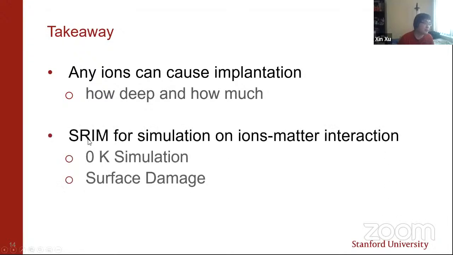And this simulation is good for a first-order simulation of ion-matter interaction, because there are some assumptions. First, this simulation runs at 0 Kelvin, which means it's an absolutely very cold temperature, or cryo mode.